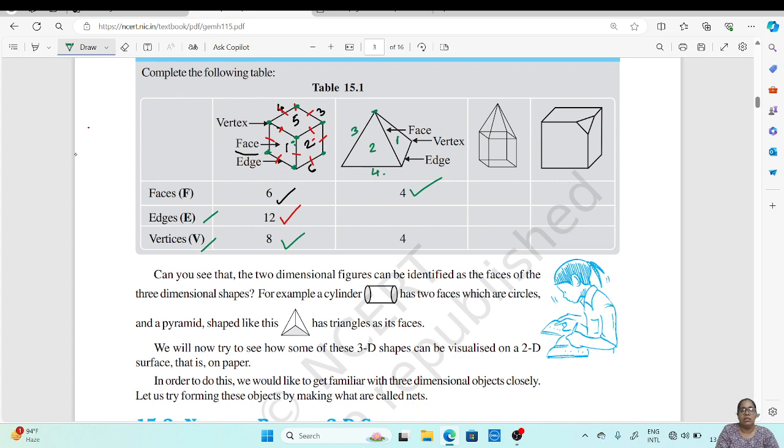This is 1, 2, 3 and 4. How many edges will be there? 1, 2, 3, 4, 5. So a total of 5 edges will be present for a pyramid.